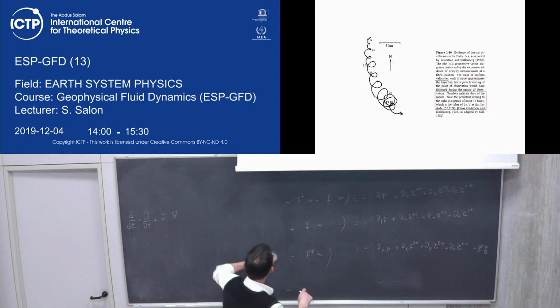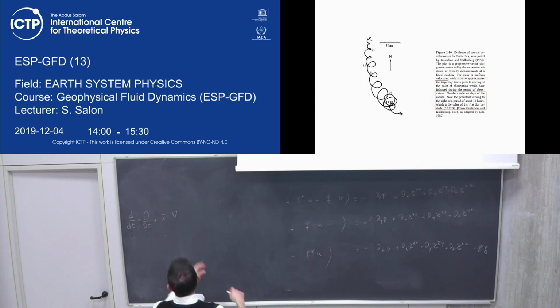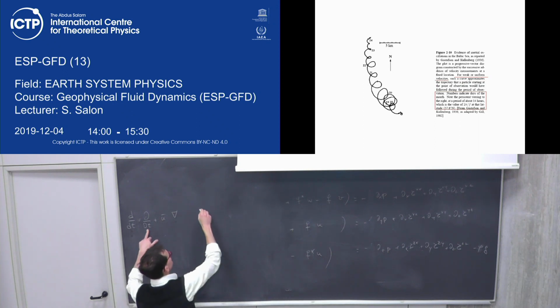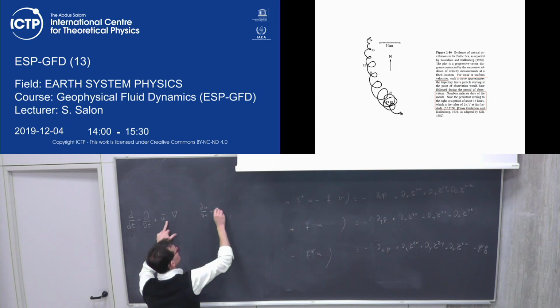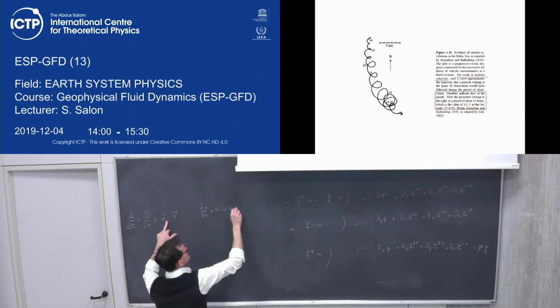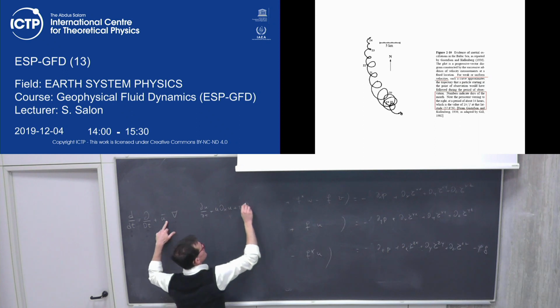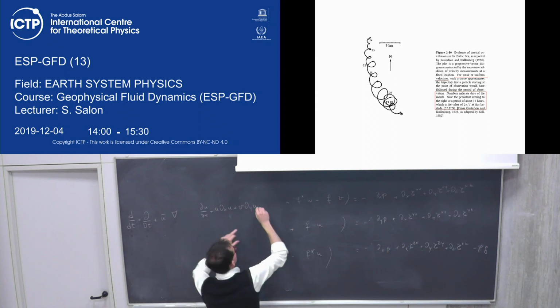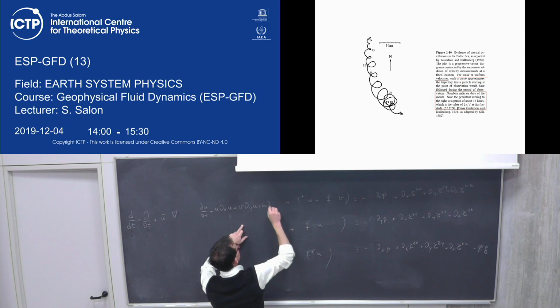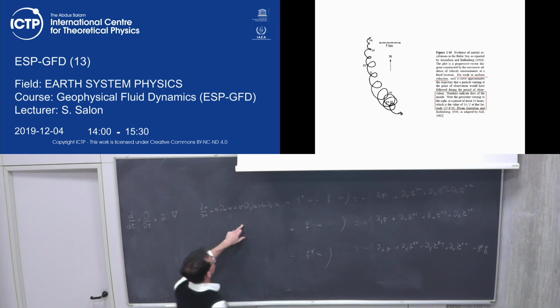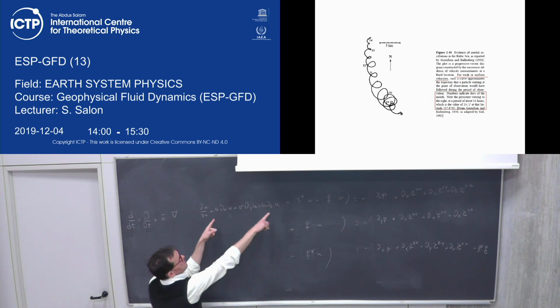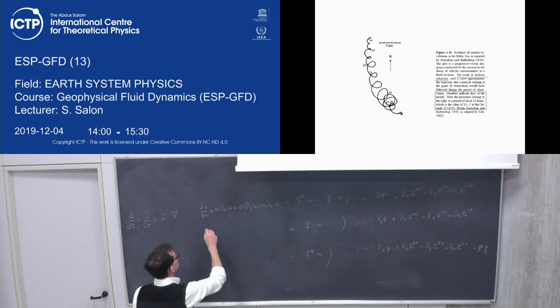Okay, so what we will do here, we will apply exactly the same. So don't hate me. We will have du dt plus u dxu plus v dyu plus w dzu. I expanded all the advection terms.